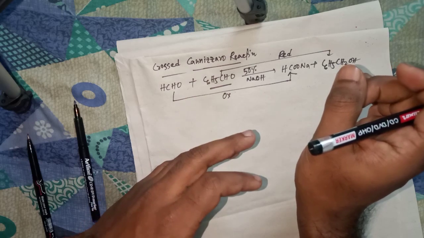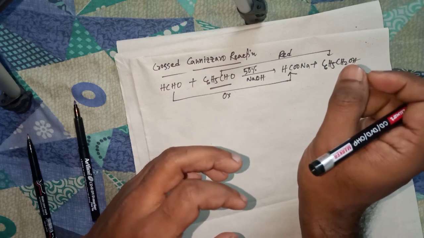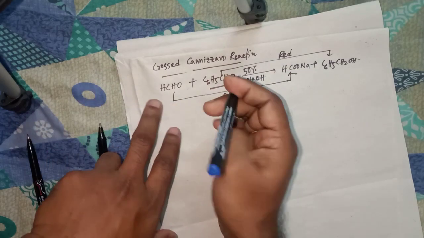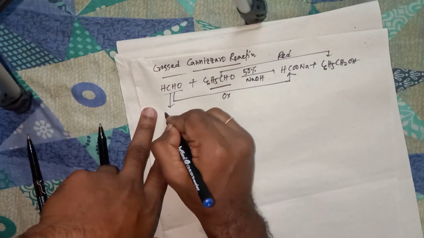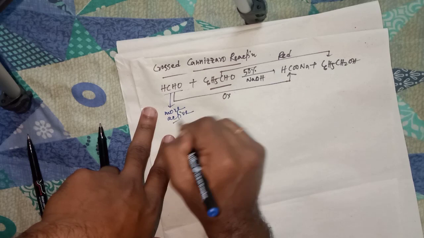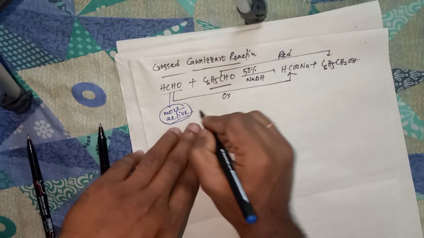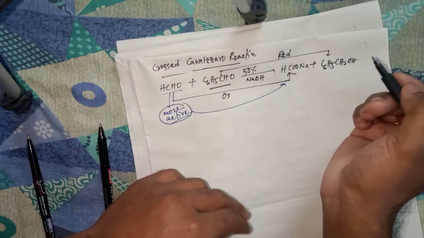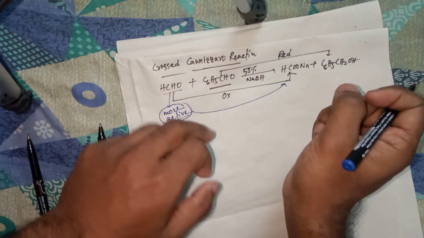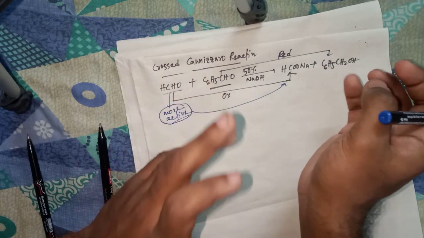When two different aldehydes are present, the aldehyde whose carbonyl is more active is oxidized. Here we know that formaldehyde is more active, so it is oxidized and forms the acid.